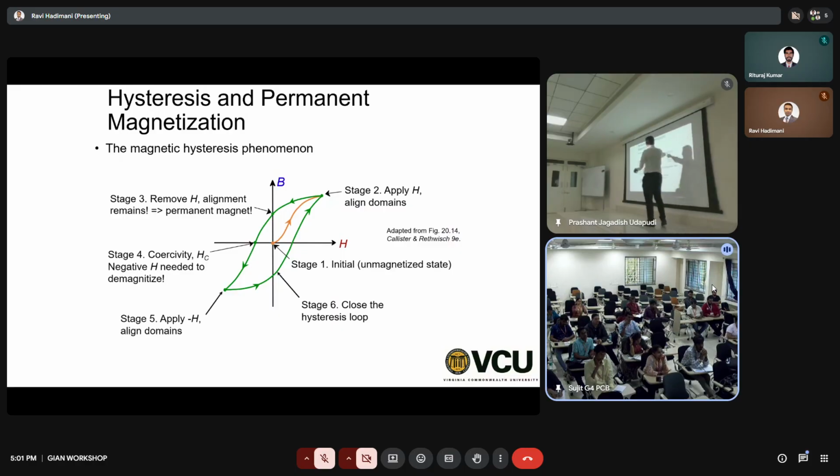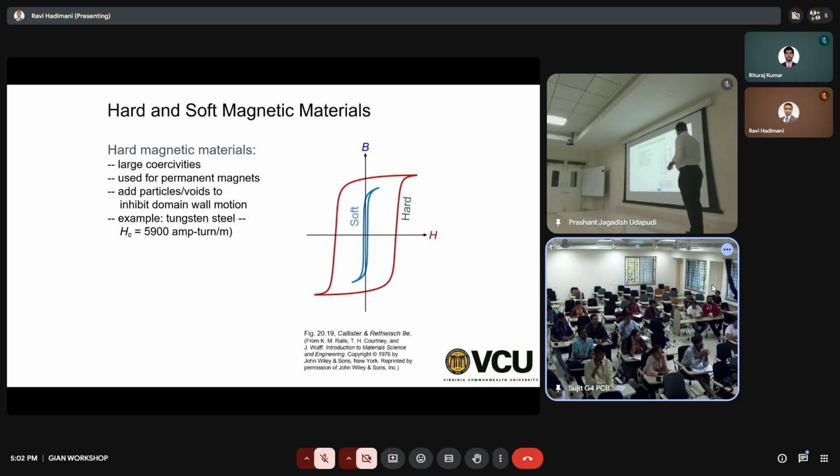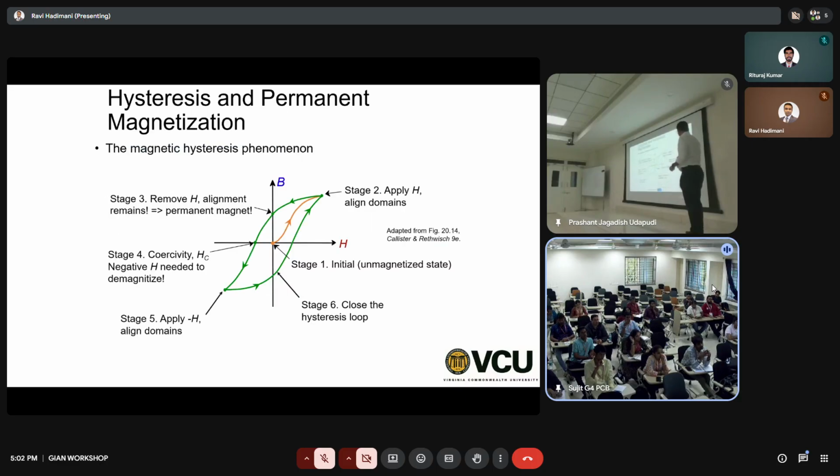So that is the coercivity, how much negative magnetic field you need to apply to make it zero. This is the remanence, this is the saturation. Saturation magnetization is this one.